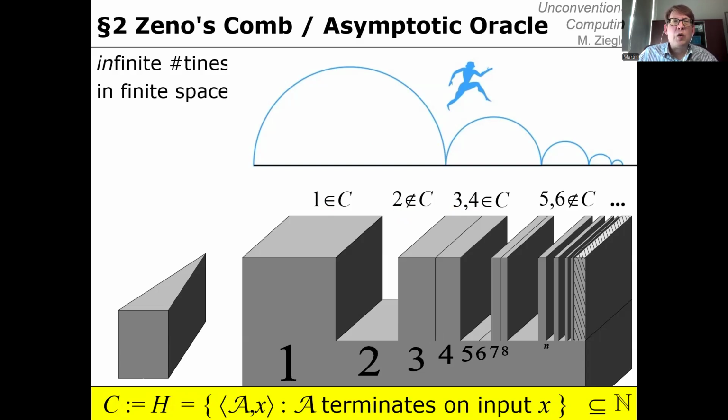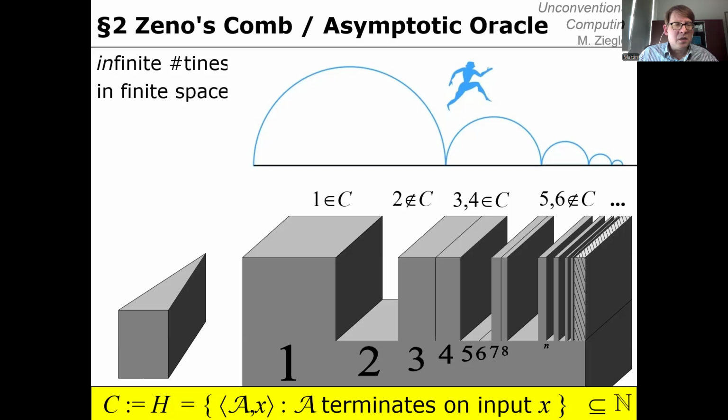We can actually encode any fixed decision problem into a different Zeno's comb. And then a mechanical computer can use that to probe this infinite comb in order to solve that decision problem, the halting problem, or any other decision problem. So that's another example of infinitary computation, namely with an infinite mechanical oracle, specifically a Zeno's comb type oracle.